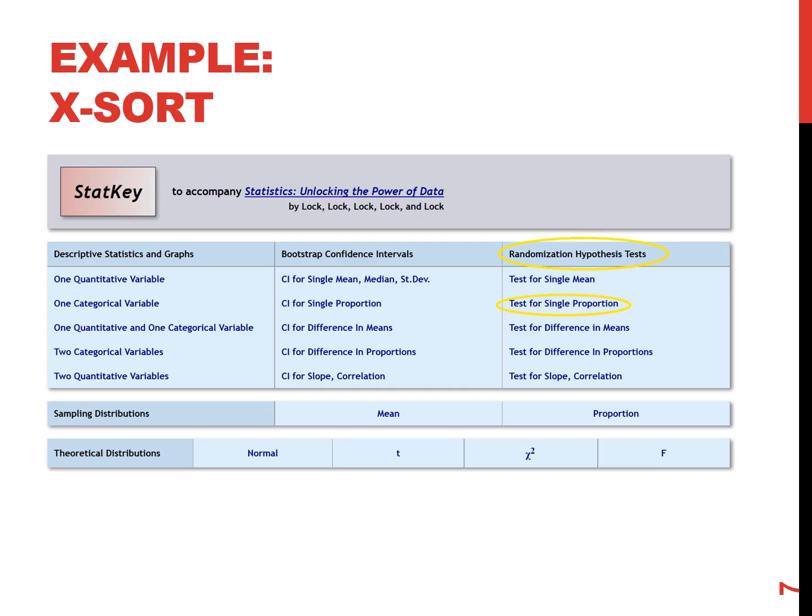So first of all, when we want to create a randomization distribution, we go to the randomization hypothesis test area over here in StatKey. We choose a test for a single proportion here because our hypotheses are about the proportion of births that will result in girls using the XSort procedure.